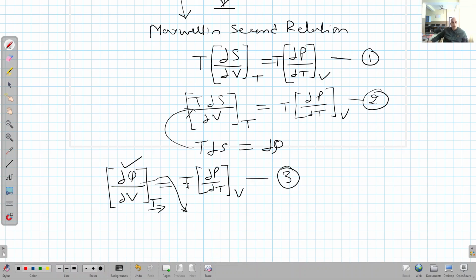When the temperature is constant, the system is either absorbing or evolving heat. So we give this heat the name latent heat, right? Latent means hidden. The temperature of the system is not changing. It is constant. Whether the heat is absorbed or evolved, with respect to the change in volume, right?